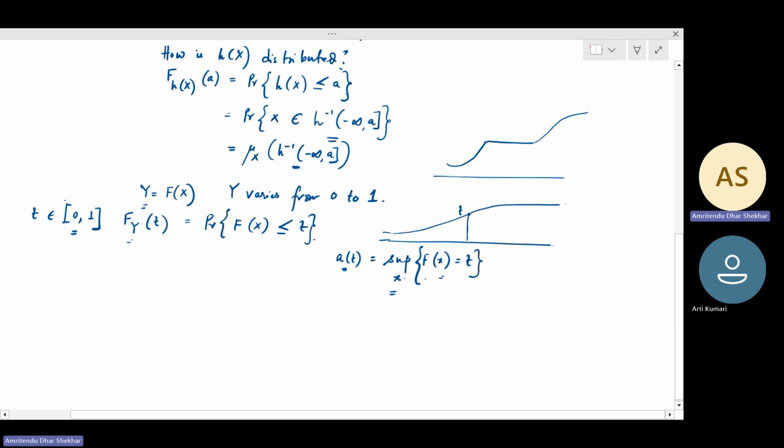Now, f of x being less than or equal to t is equivalent to x being less than or equal to a of t, where a of t is defined as follows.